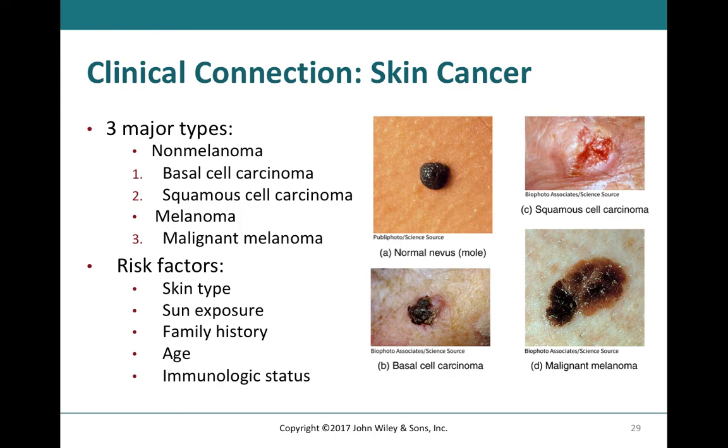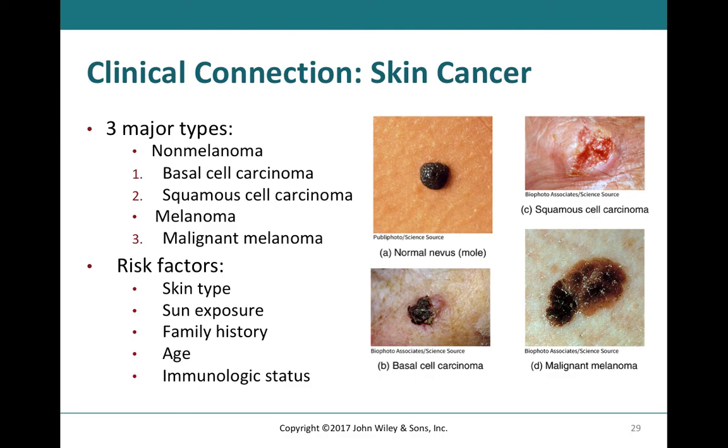So the first 2, your non-melanomas, are your basal cell carcinoma and your squamous cell carcinoma. The basal cell carcinoma is actually the most common, and then next would be the squamous cell carcinoma. So thankfully, malignant melanomas are very rare in the types of skin cancer.